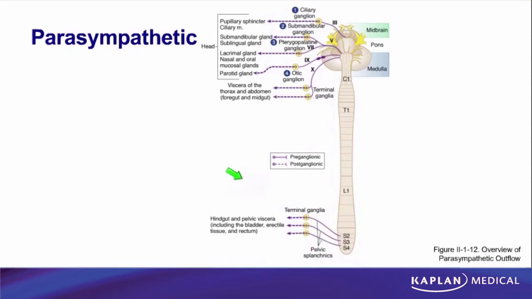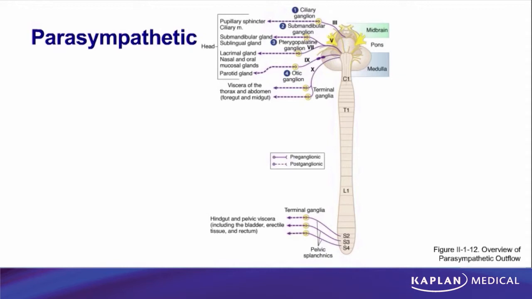But the distribution of parasympathetics is not nearly as complicated as sympathetics because parasympathetics do not go all over the body. Parasympathetics have a much more limited distribution. Nothing in the body wall receives parasympathetic innervation.